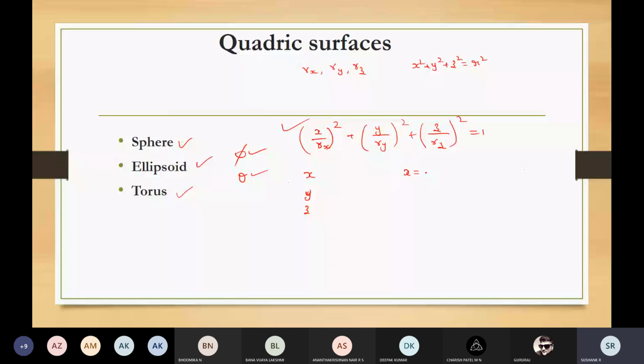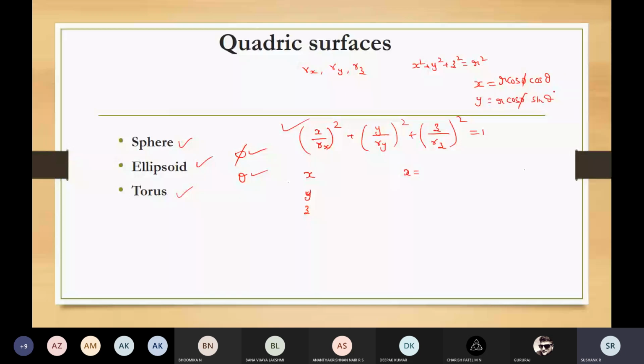Previously I wrote x is equal to r cos phi cos theta, y is equal to r cos phi sin theta. Here also it is the same thing, a little modified.